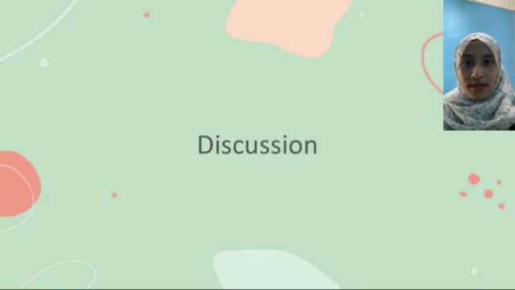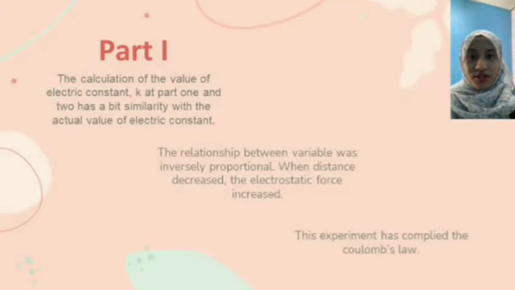Now, I would like to talk about the discussion. In this experiment, the calculated values of the electric constant in part 1 and 2 have a close similarity with the actual value of the electric constant.